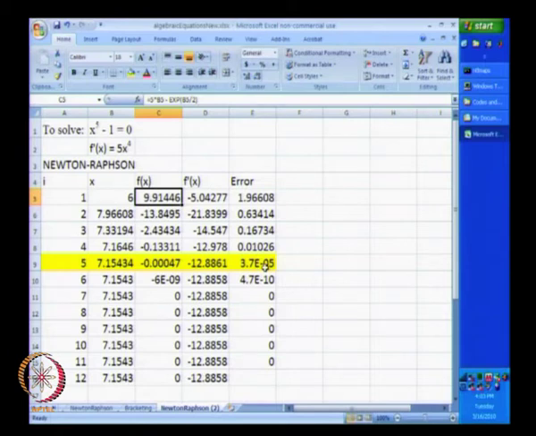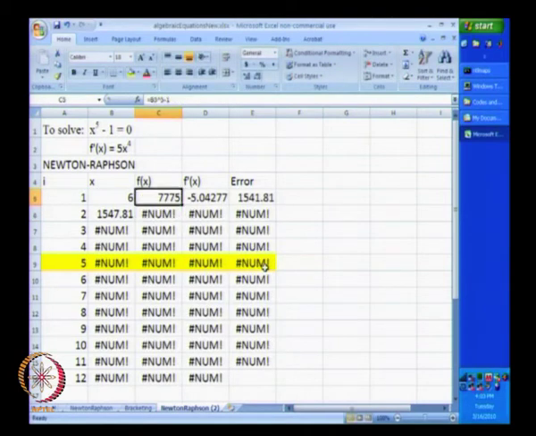Okay. So this is equal to x to the power 5 minus 1, and this is going to be equal to 5 into x to the power 4.